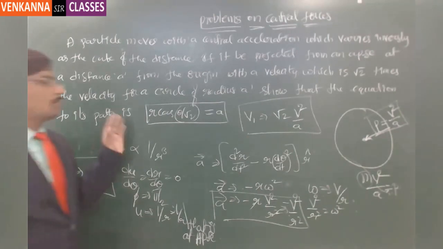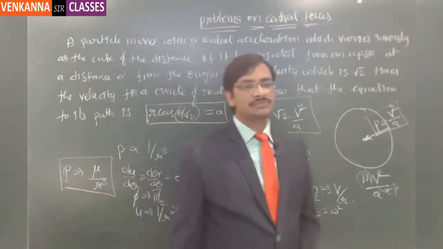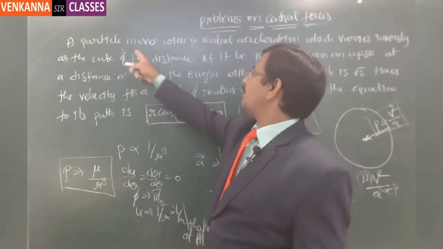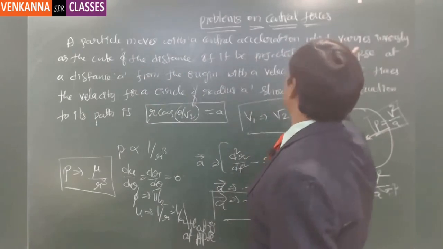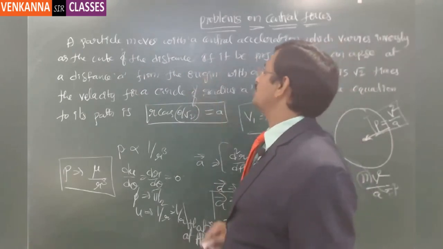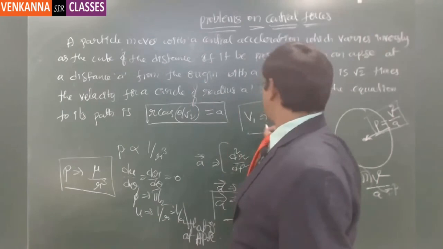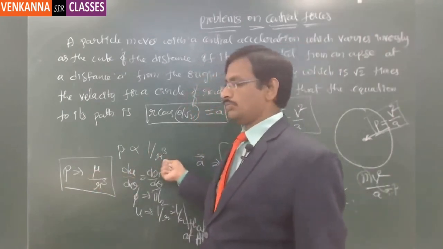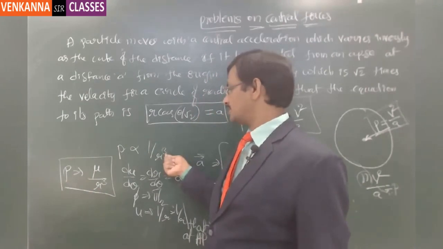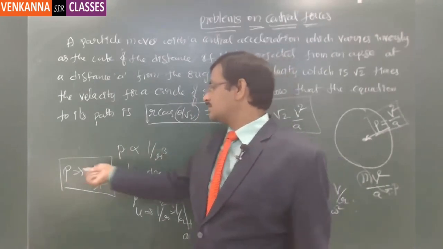See this, the problem statement, you clearly understand this. A particle moves with a central acceleration which varies inversely as the cube of the distance. That is, p is directly proportional to 1 by r cube, so inversely proportional to the cube of the distance. Now p can be written as mu by r cube.